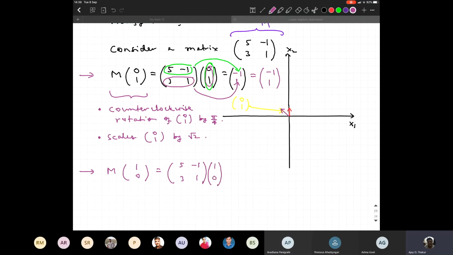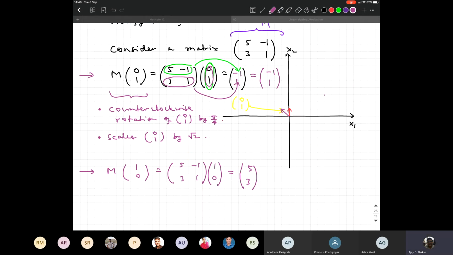Okay. So when we multiply this M with 1, 0, what happens really here? Now the class is awake. Somebody from physics, what is this going to be? 5, 3. Right. So this vector now goes over to something like 1, 2, 3, 4, 5 and 1, 2, 3.